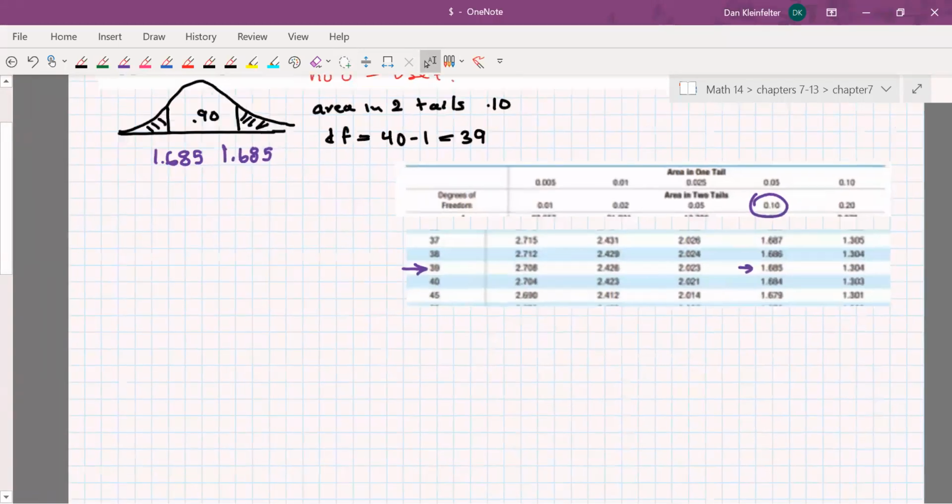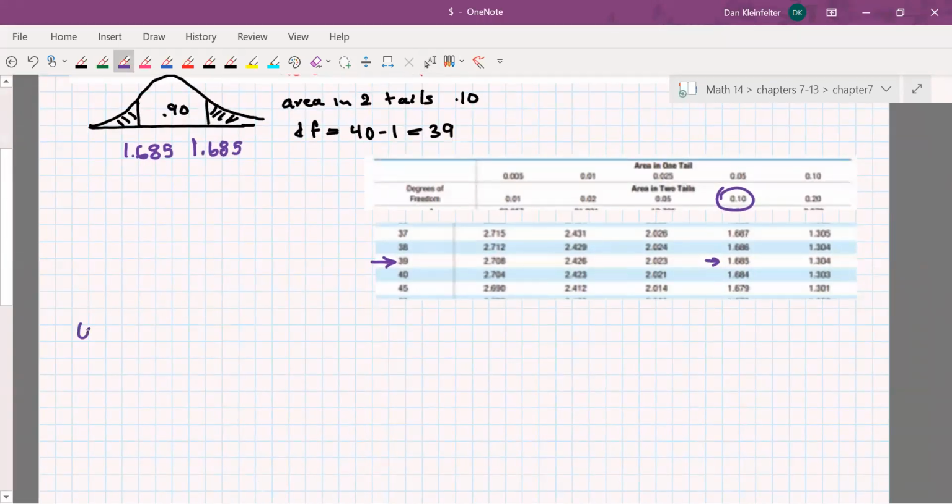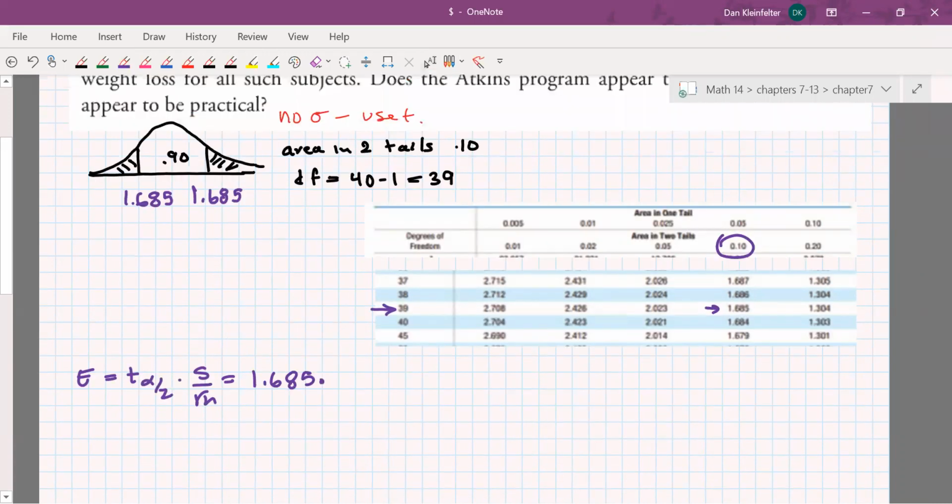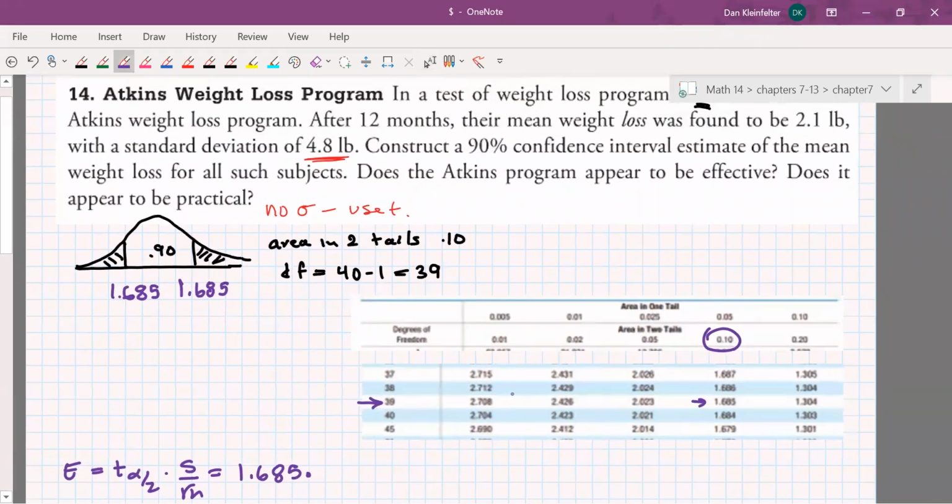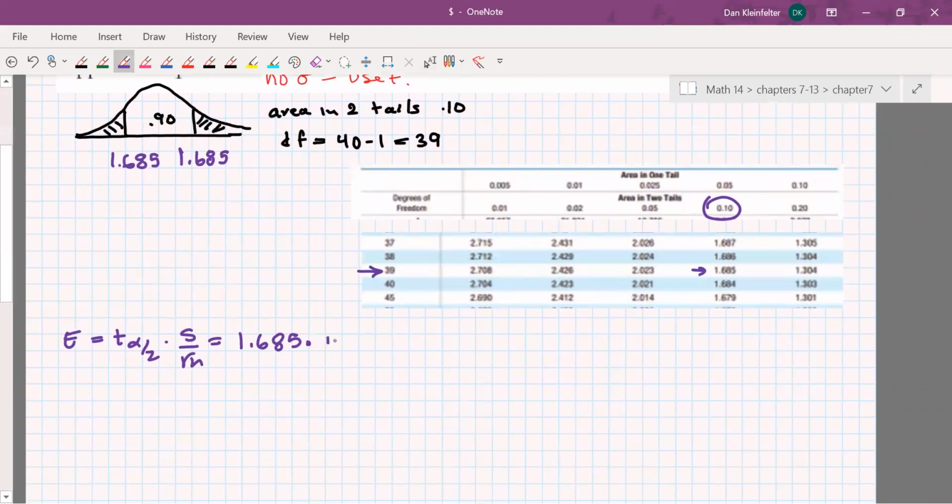So now we have our margin of error, which will be t alpha over 2 times s over root n: 1.685 times the sample standard deviation, which was 4.8 pounds, divided by the square root of 40, which was our sample size.